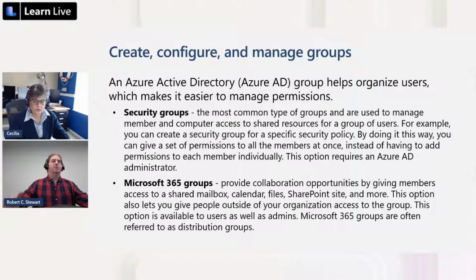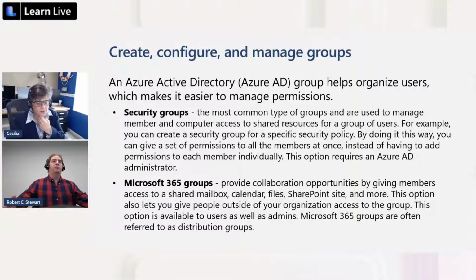The real difference is that security groups can have very different member types or account types added into them. A security group can have users, just like we talked about, but it can also have devices and applications.